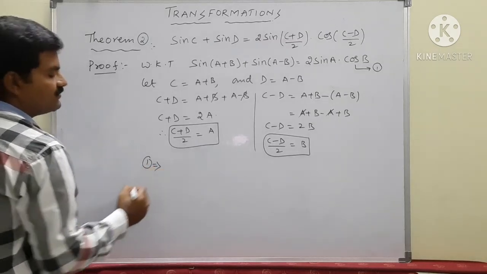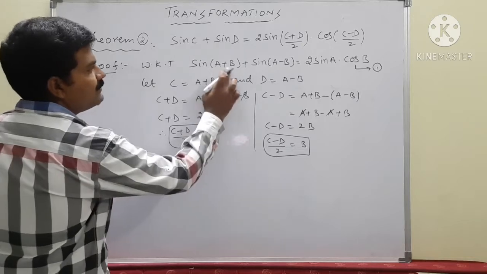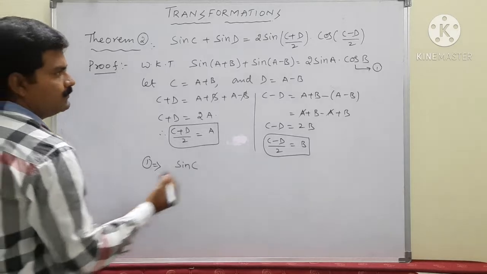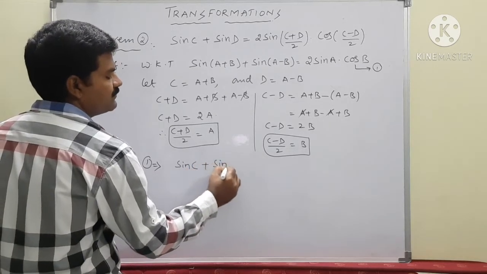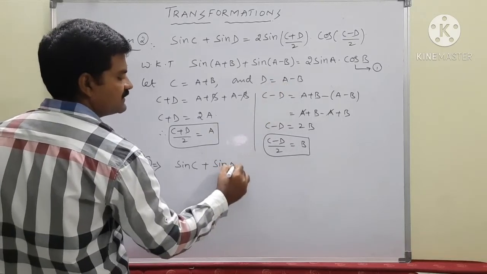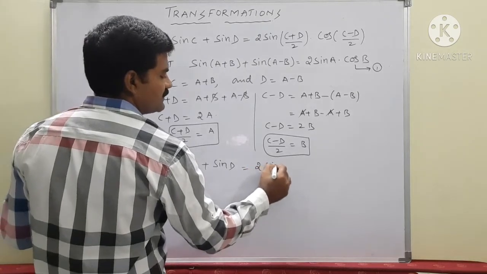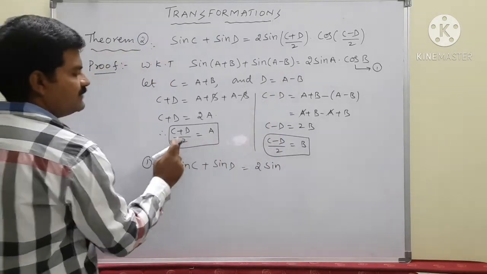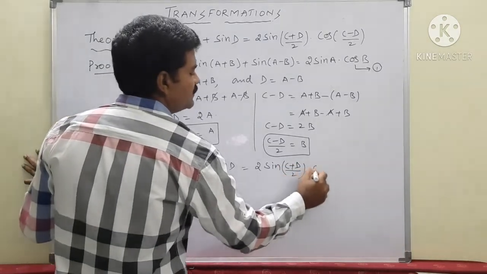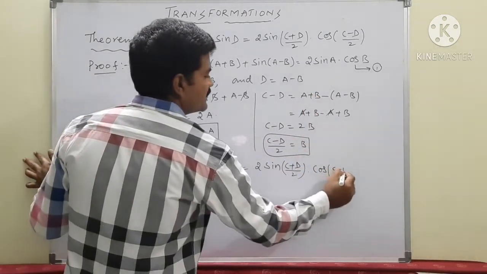Now see how this first equation is going to be transformed. We just need to replace c in the place of a plus b and d in the place of a minus b. Hence the first one becomes sin c plus sin d is equal to 2 sin, what is meant by a, we got c plus d by 2, no, into cos of b, which is nothing but c minus d by 2.